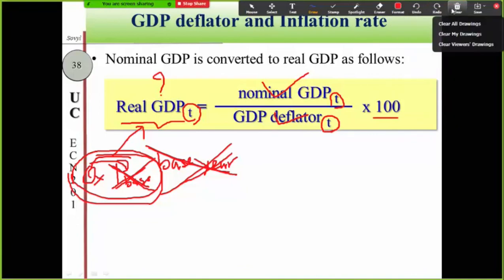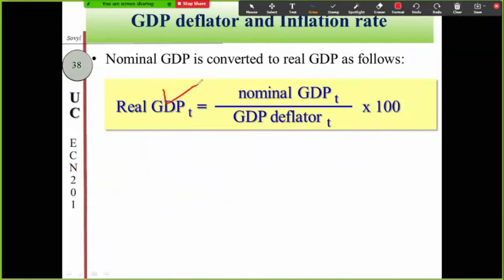However, if you know real GDP and GDP deflator and you want to find nominal GDP, you can take real GDP multiplied by GDP deflator divided by 100.